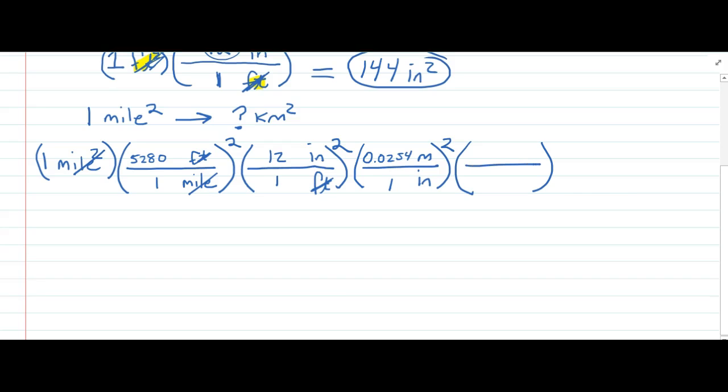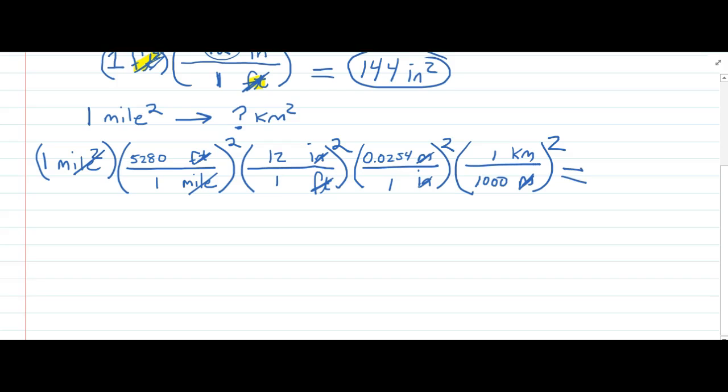And then meters into kilometers. And you know that there are 1,000 meters in 1 kilometer, but again, don't forget to square. So meters squared, everything cancels. Okay, check everything out. Now, probably the hardest part about this is punching it in your calculator correctly. So we're going to take a moment and do that.